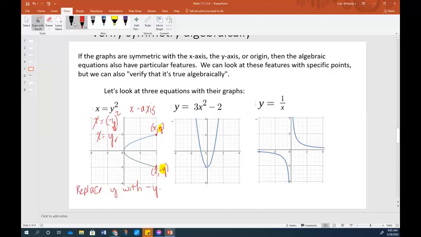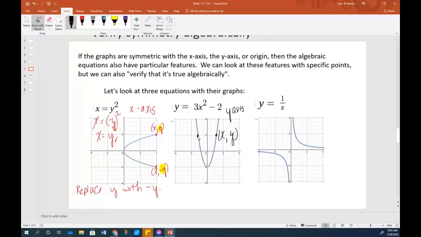By contrast, this next one has y-axis symmetry. If you look at it on the graph, we can see the points that mirror each other. If we pick this point up here, that one has a positive x value and a positive y value.